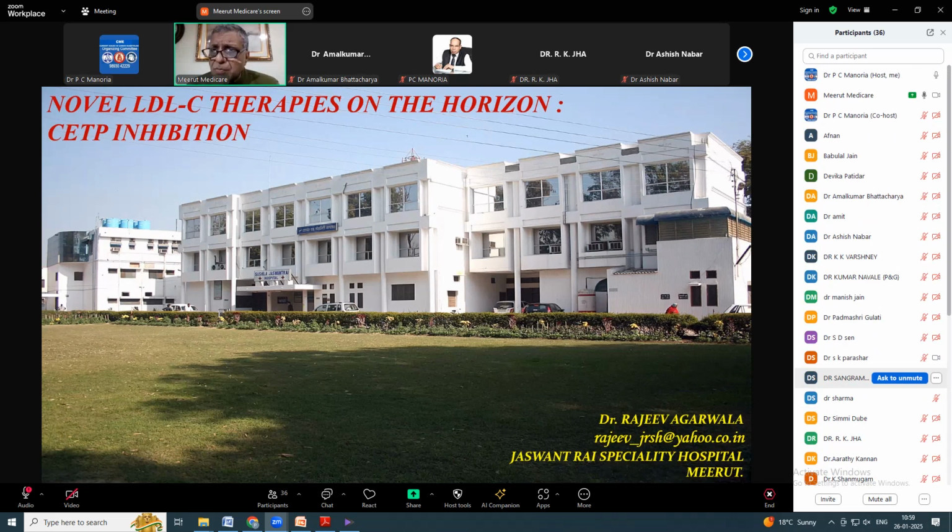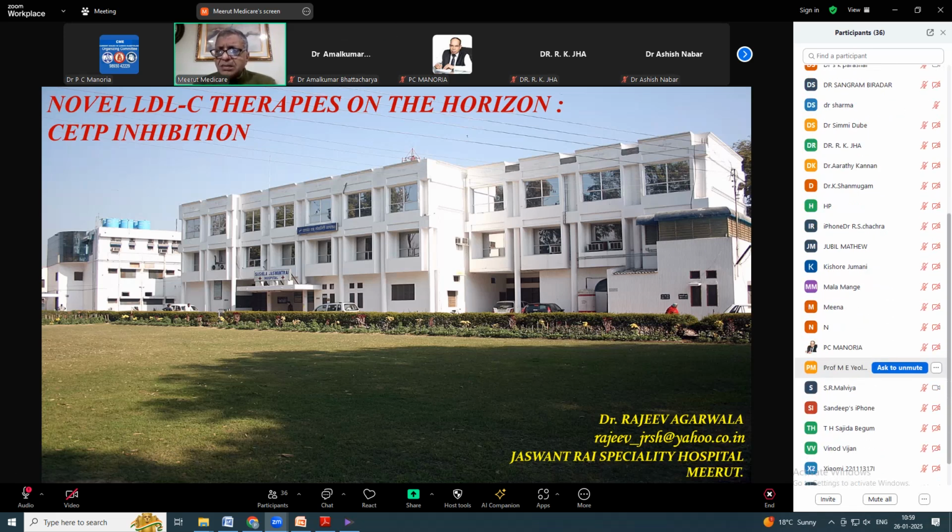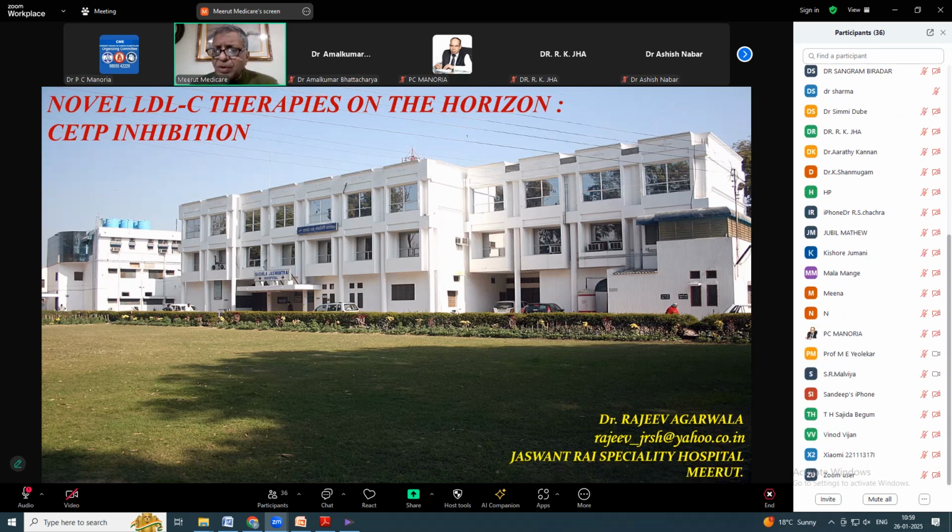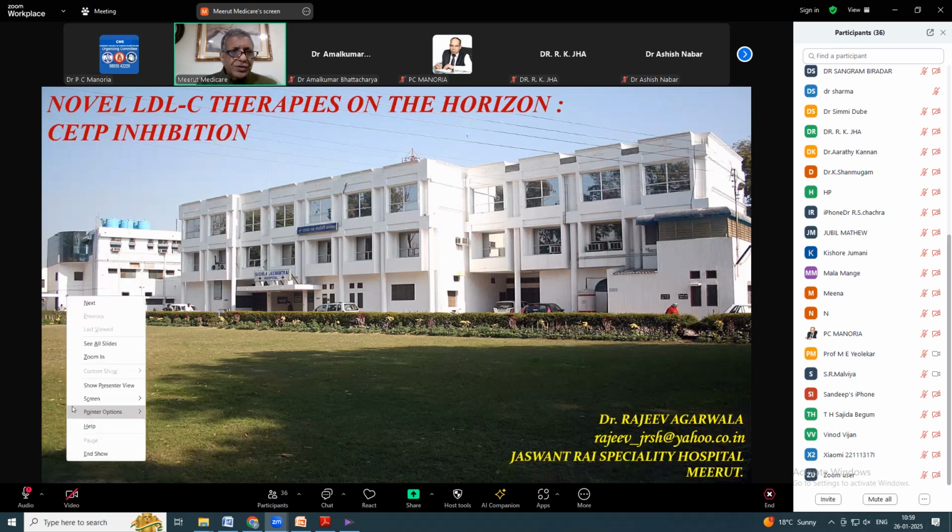And the panel almost stopped at 55 LDL, saying that this is the best and there is no further mortality reduction. To my mind, the aim of lipid-lowering therapy is not reduction of MACE. The aim is regression of atherosclerosis, which is only seen below 55.